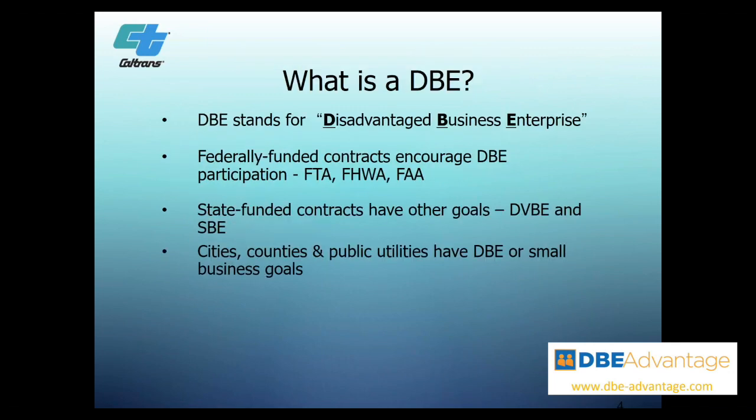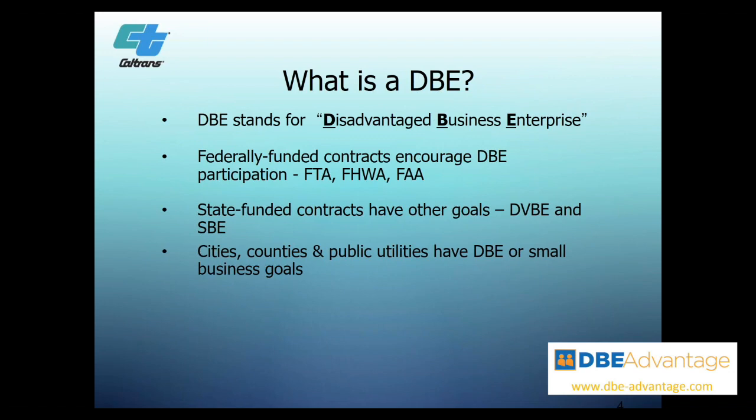So let's talk about what is a DBE. Now, as I mentioned, a DBE is a disadvantaged business enterprise, and this is a confusing term for a lot of people. A DBE is really only applicable on United States Department of Transportation projects.